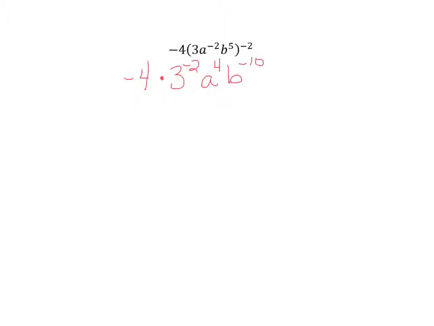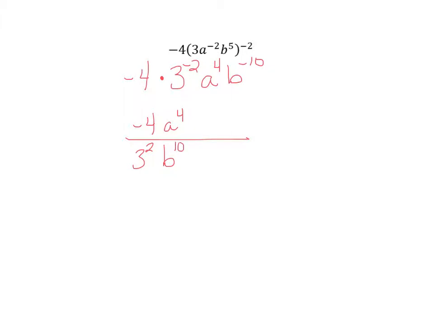Okay, now let's move anything that has a negative exponent. Now it's not a fraction right now, but by moving it, we're going to turn it into a fraction. Now this negative 4 is just a negative number. It doesn't shift. So it's just a negative 4 on top. But the 3 to the negative second, now that's a negative exponent. So that 3 squared is going to go down. The a to the 4th gets to stay put, but the b to the negative 10th is going to shift down.